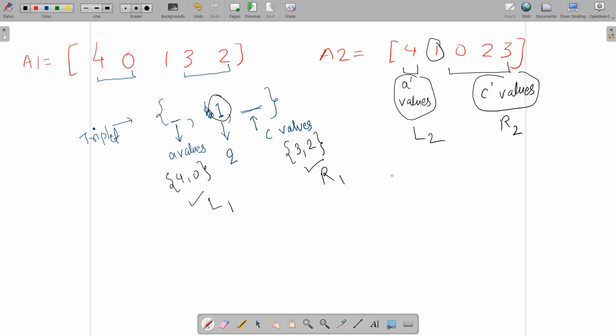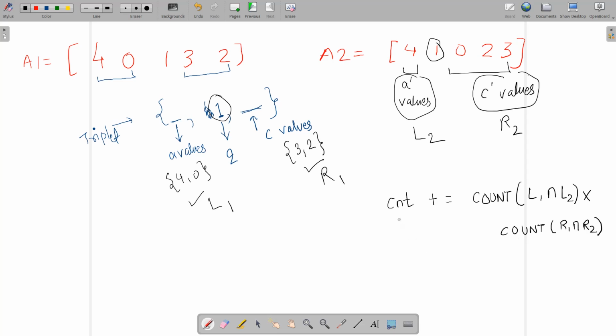R2 set. Okay, so our count of triplets will increase by the count of elements which are present in the intersection of L1 and L2, multiplied by the count of the number of elements that are present in R1 intersection R2.